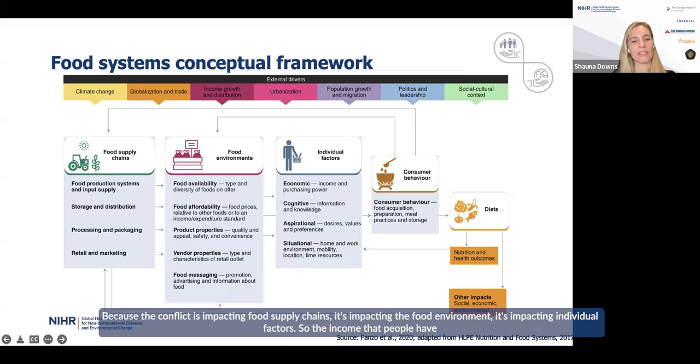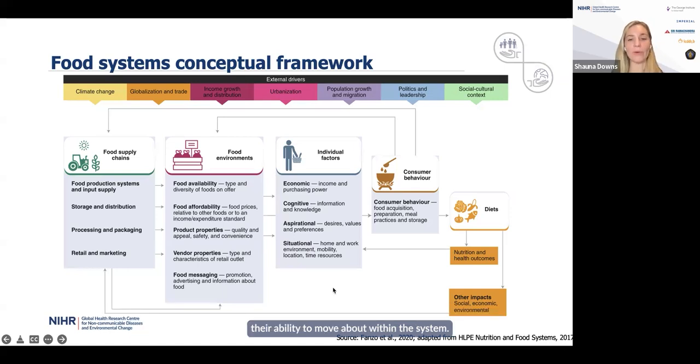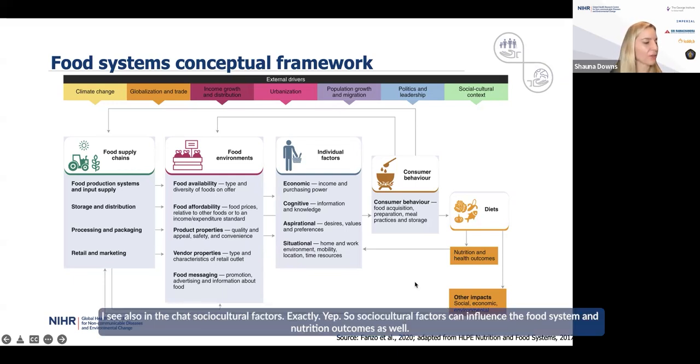Because the conflict is impacting food supply chains, it's impacting the food environment, it's impacting individual factors: the income that people have, their ability to move about within the system, so their lived experiences interacting with the food system. And then, of course, it impacts their diets and nutrition outcomes. I see also in the chat sociocultural factors. Exactly, yep. Sociocultural factors can influence the food system and nutrition outcomes as well.